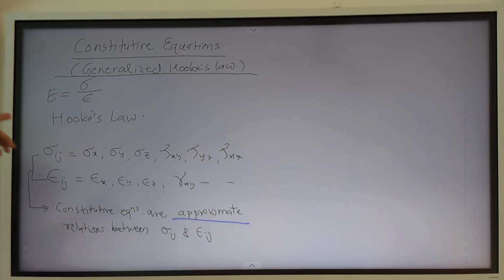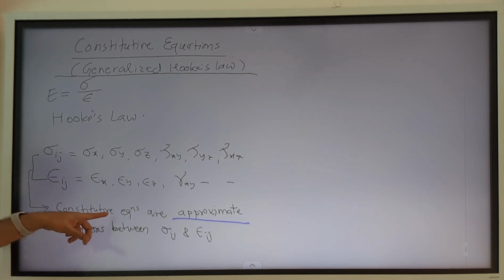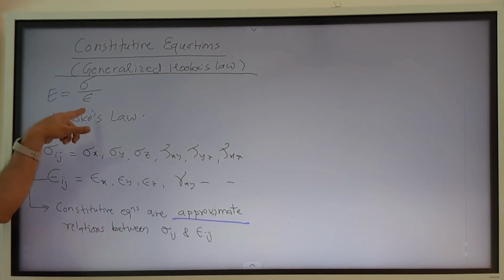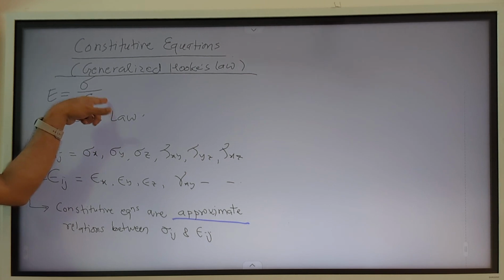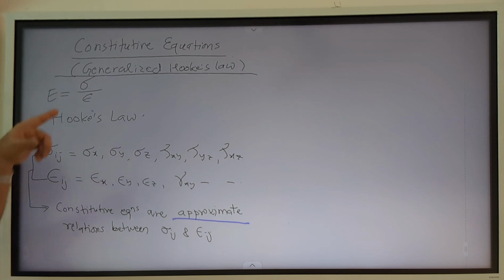Up to the yield point this law holds good, and in general it works properly for certain materials like copper and steel, which obey this law perfectly. But in general, whatever constitutive equations we have formed are approximate. This is an approximation of an experimental observation that stress is more or less directly proportional to strain, and for practical problem purposes, this approximation is good enough.